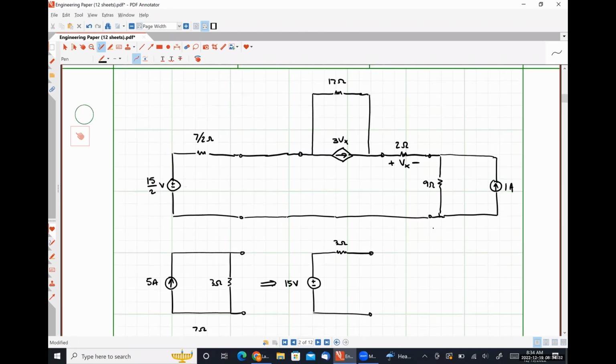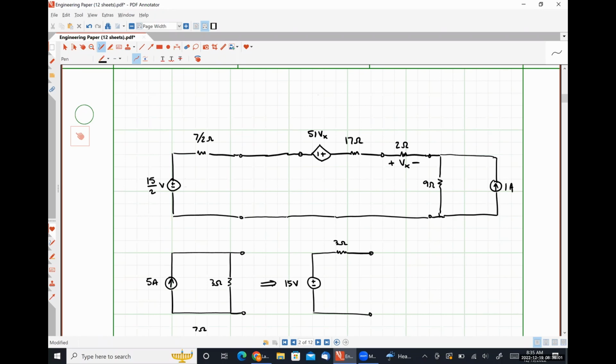So I'm going to eliminate this guy up here. And lastly, we're going to perform a source transformation on the rightmost practical current source. Okay.